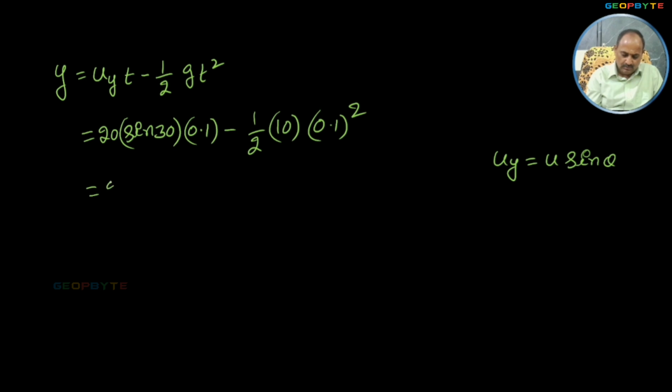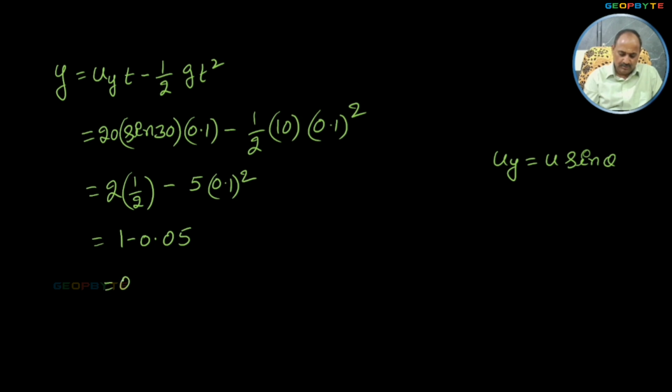It is equal to 2 into sin 30, 1 by 2, minus 5 into 0.1 whole square, equal to 1 minus 0.05 equal to 0.95. 0.95 I can write as 19 by 20 meters.